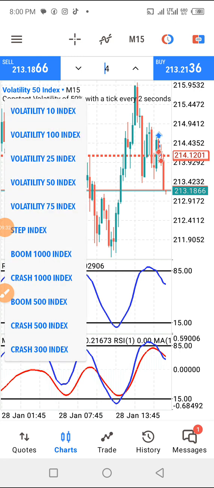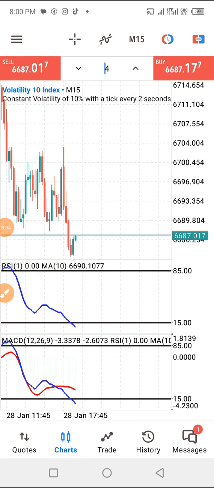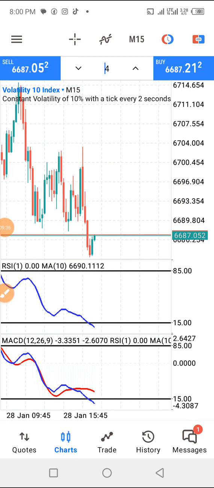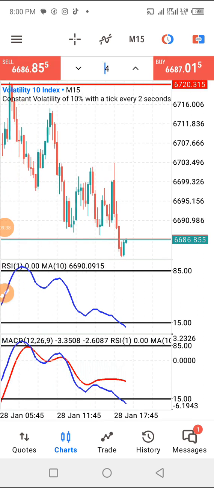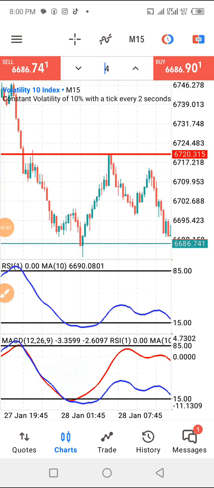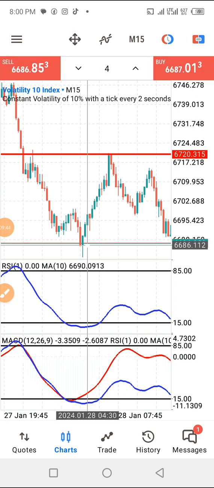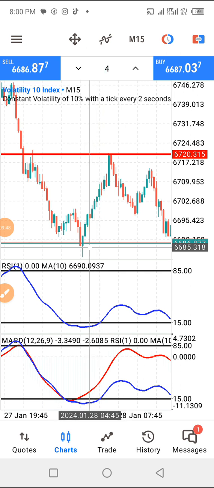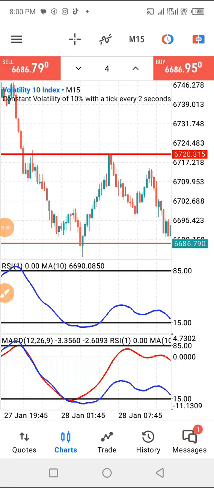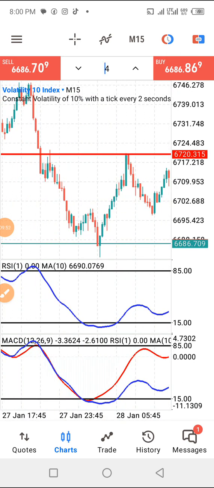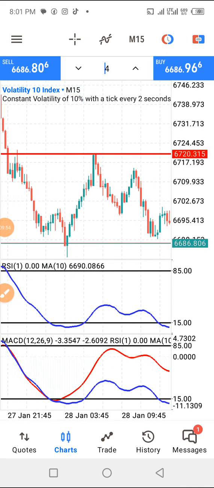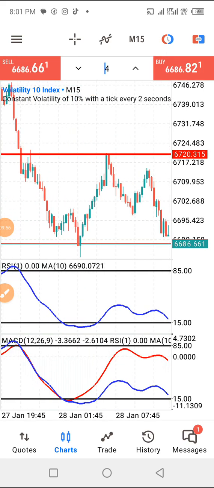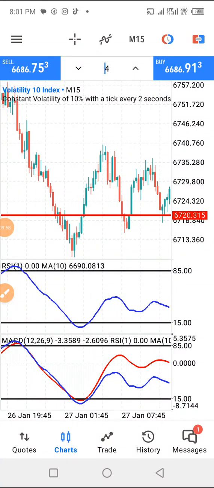Let's check volatility 10 for more. Okay, as it is now, it has not given us a good buy setup. So you see, look at the point where we would have taken our buy.